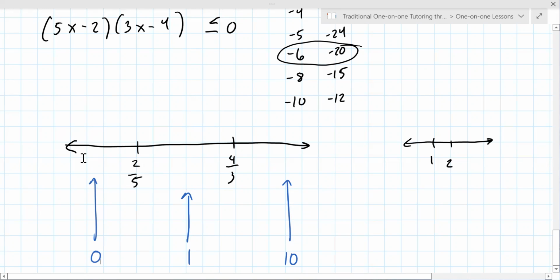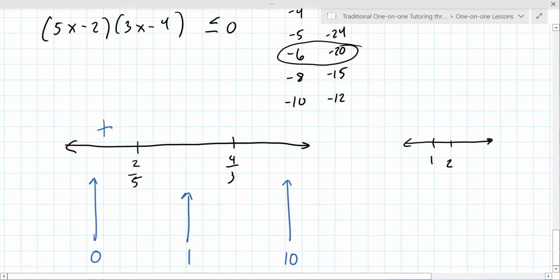Okay, so from here, what I'd like you to do is test these points or test other ones that you like and give me the signs in each of the regions, please. -2 times -4, which is +8, for the 0 region.